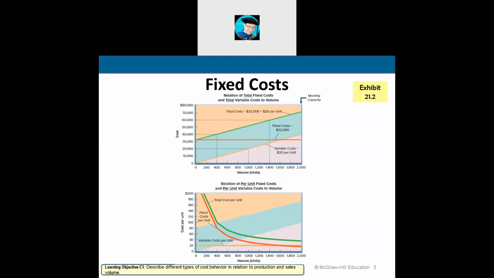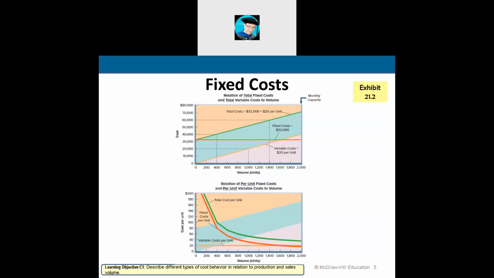Now, here's where students get tripped up, and I want you to understand this very closely. We're talking about per unit. What this means is we're applying the costs on a per unit basis. Now, let's take a look at our fixed costs on a per unit basis.